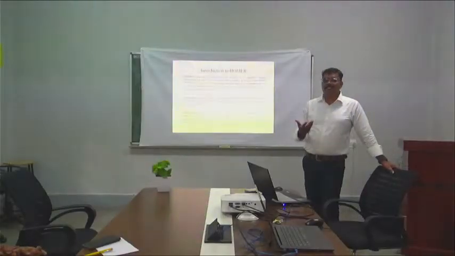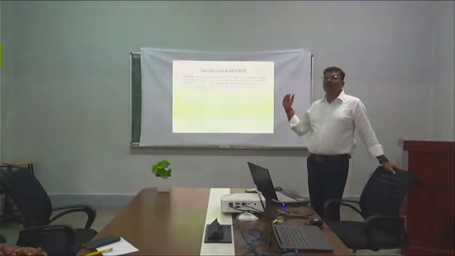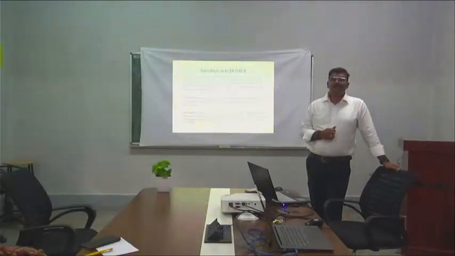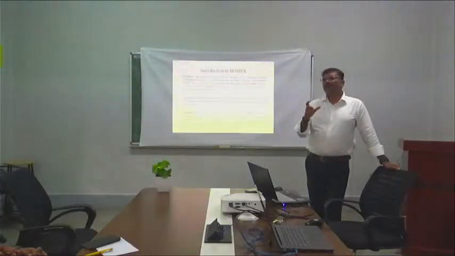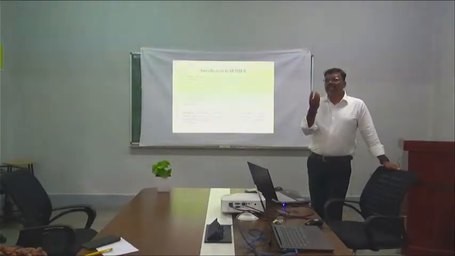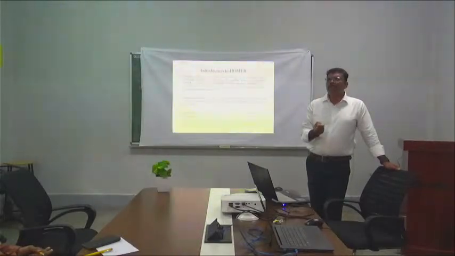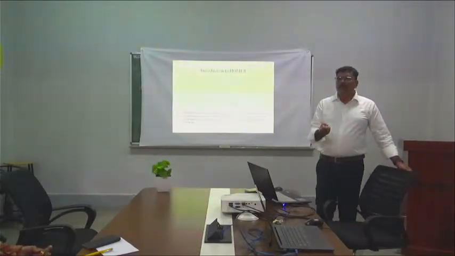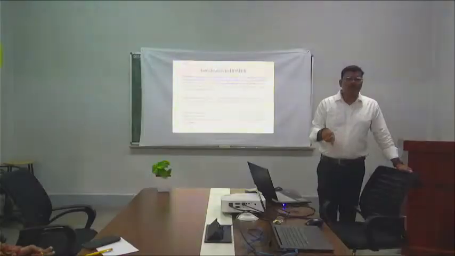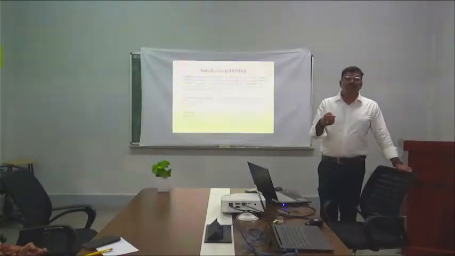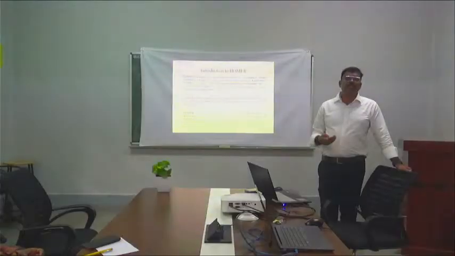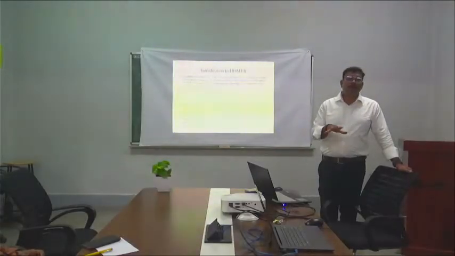How do we integrate that into the Homer software? Homer has an option of taking the data from NASA meteorological data. That means if you give the latitude and longitude of this particular location, you can extract the irradiation, the temperature, and the wind velocity for that latitude and longitude.